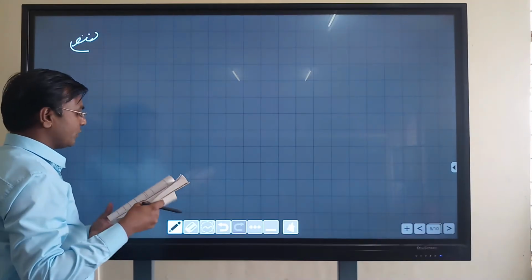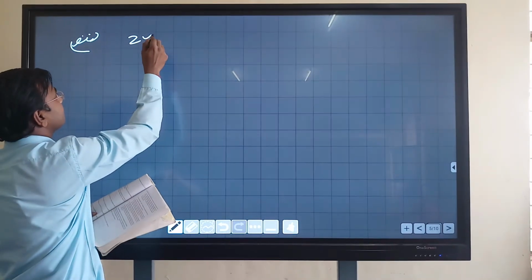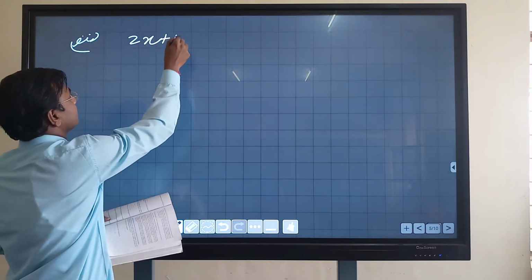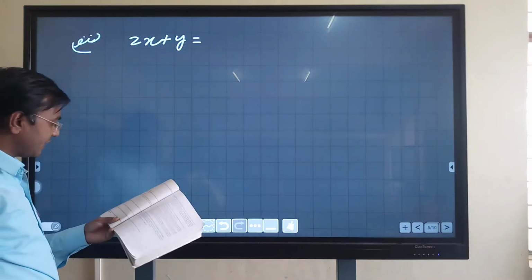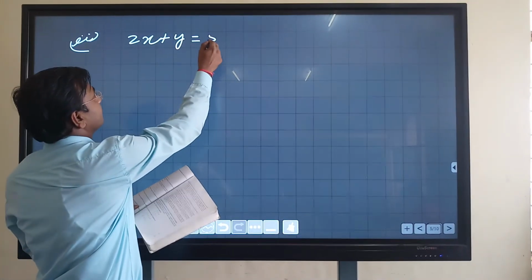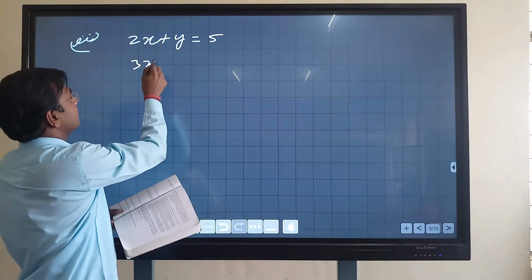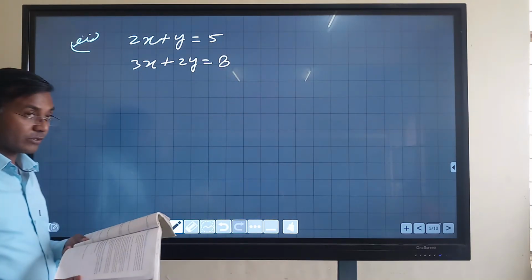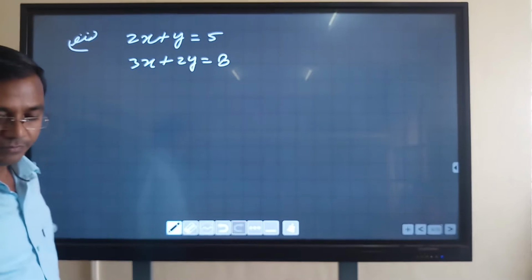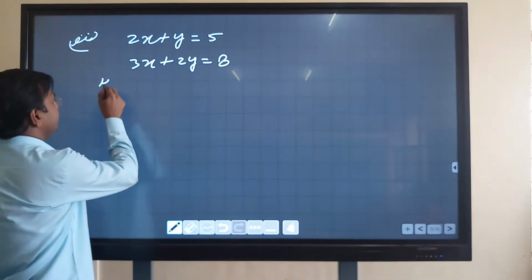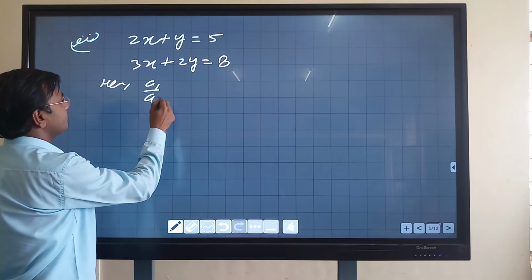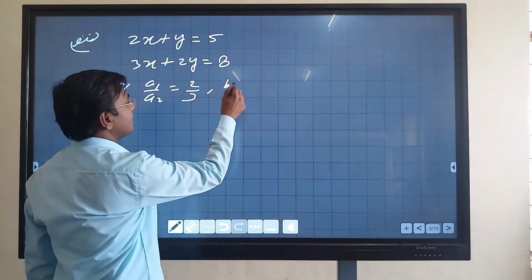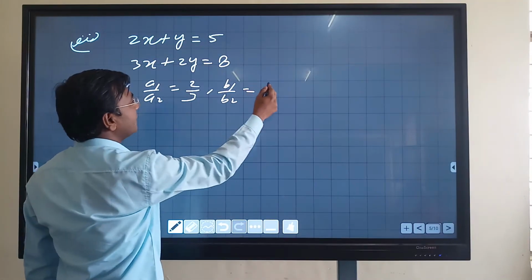Let us try the second part. 2x plus y equals 5 and 3x plus 2y equals 8. Here, first of all write the ratios: a1 by a2 is 2 by 3 and b1 by b2 is 1 by 2.